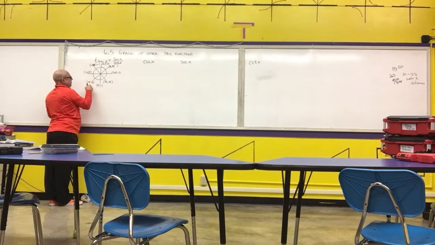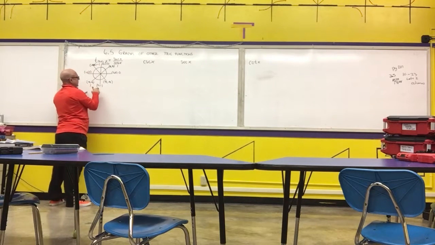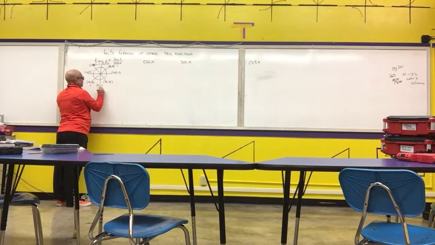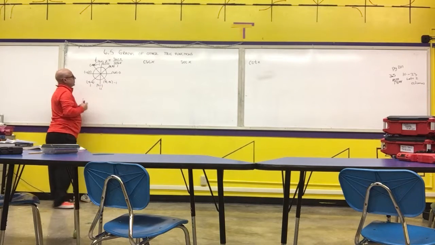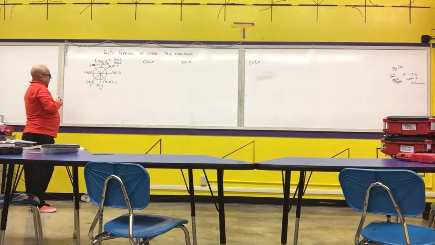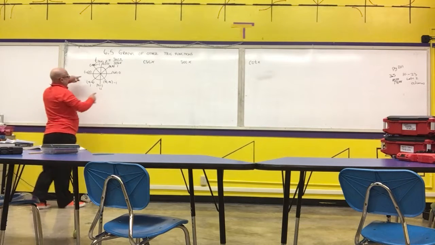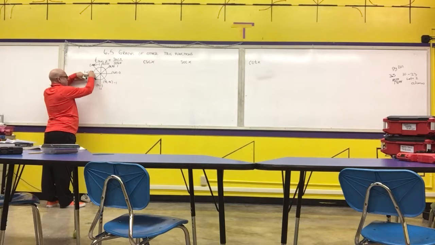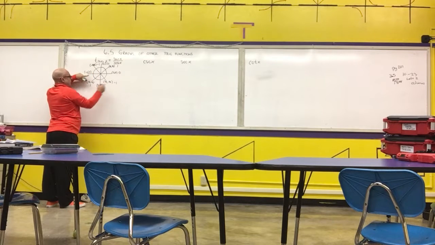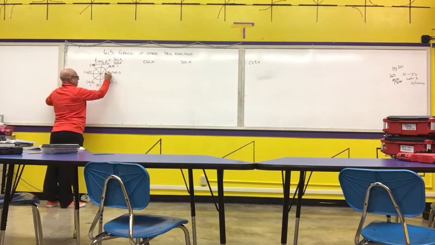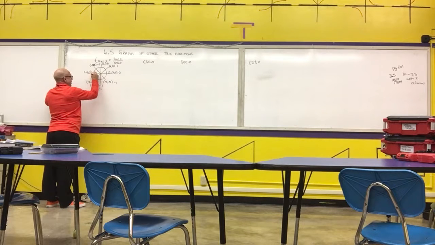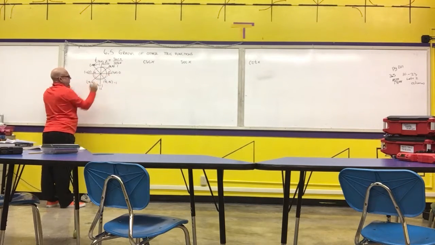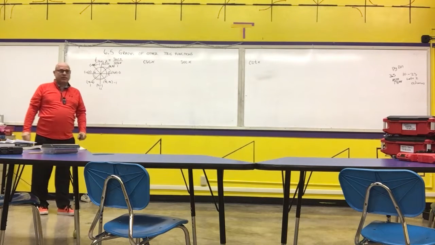Then 0, 1, undefined, negative 1. What I want you to realize is that it goes 0, 1, undefined, negative 1, 0, 1, undefined, negative 1. If this is 0 radians and this is pi radians, we repeat our cycle every pi.